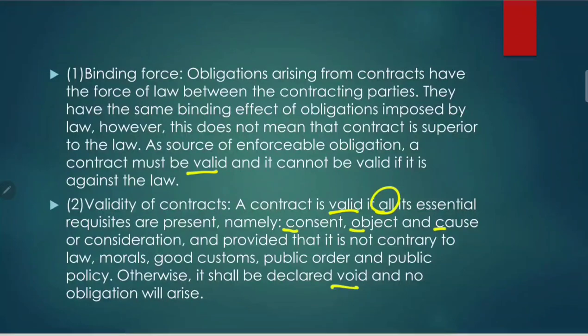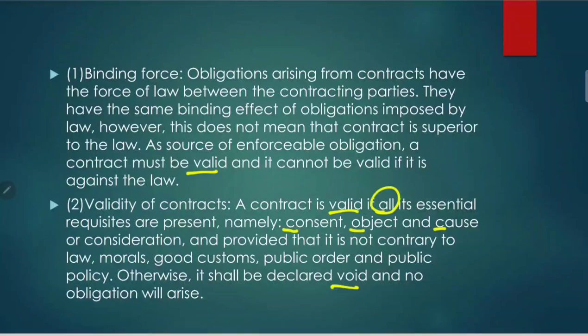So, again, in making sure that a contract is valid, dapat nandoon ang lahat ng essential requisites niya. And when we say essential requisites of a contract, we refer to consent, object, or cause. Magkaiba ang essential requisites ng contract at essential requisites ng obligation. Huwag kayong malilito kasi pagdating sa contract, ang essential requisites niya ay consent, object, and cause.